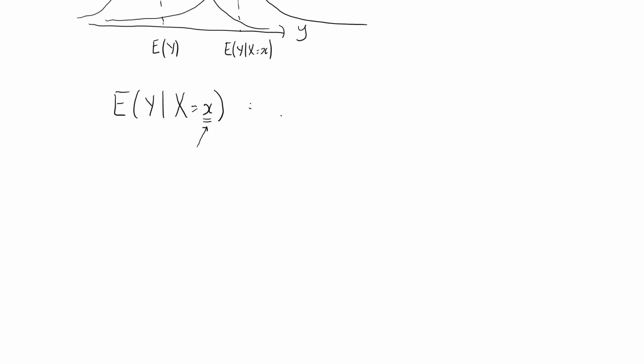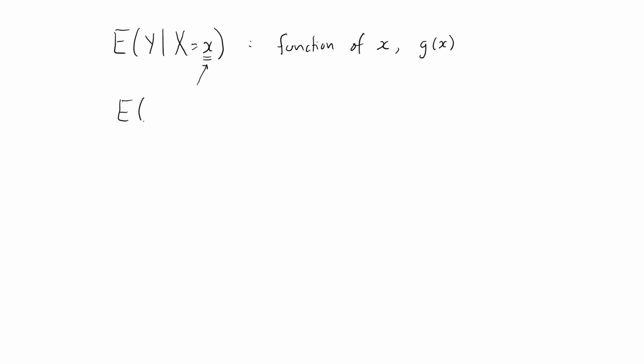So this thing here will be a function of x, which we can denote by g of x. We then define the expected value of Y conditional on X, without the equality sign after the X random variable, simply as g of X. That is, this thing now becomes a random variable.